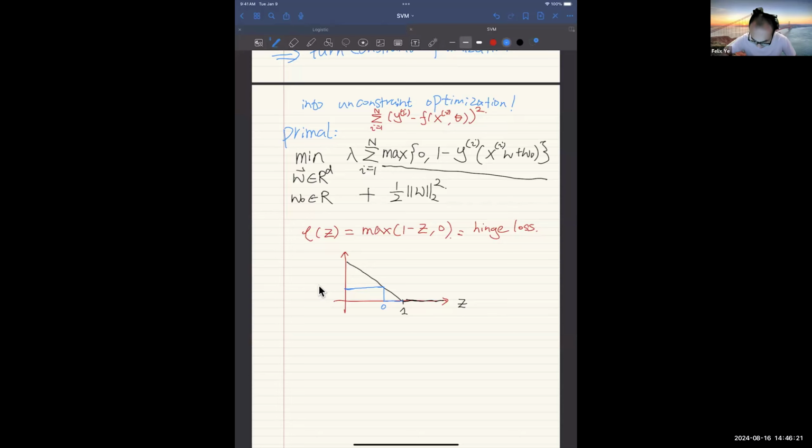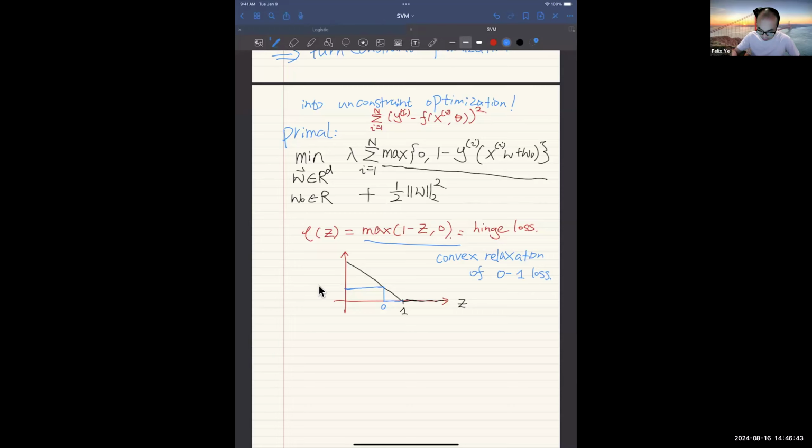You can think of this as a convex relaxation of my 0-1 loss. Hinge loss is actually a convex function.